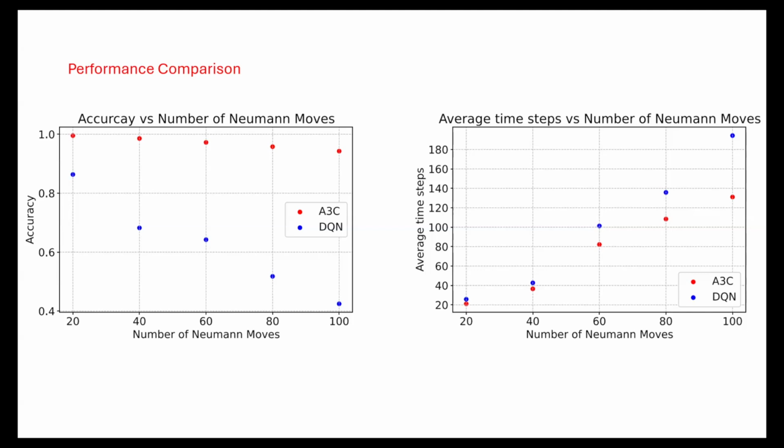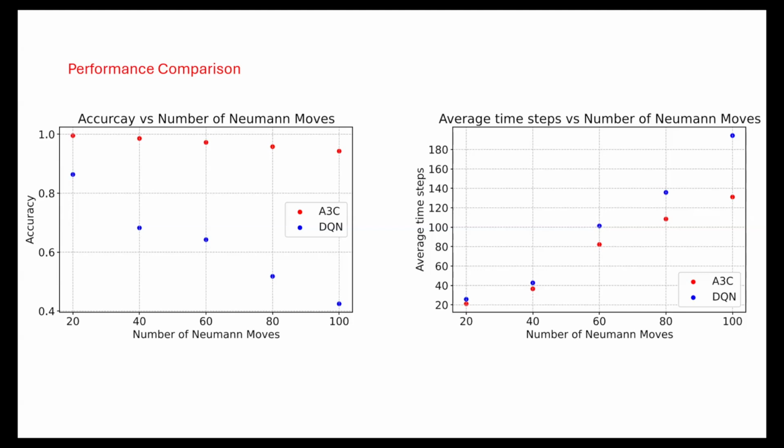We test 100 times with different plumbing graphs, and then it shows curves like this. This shows the average number of Newman moves.